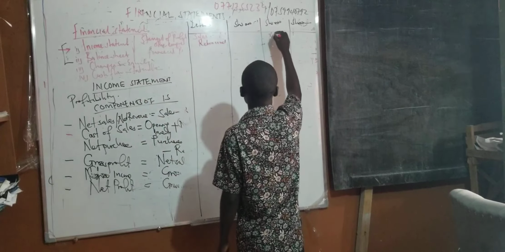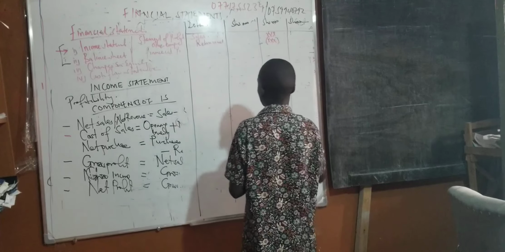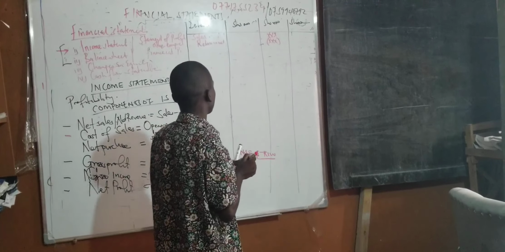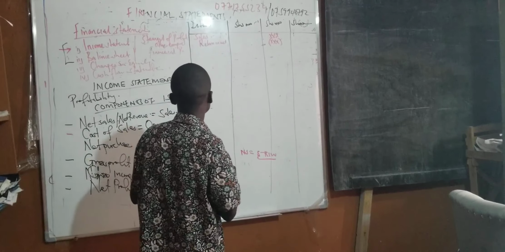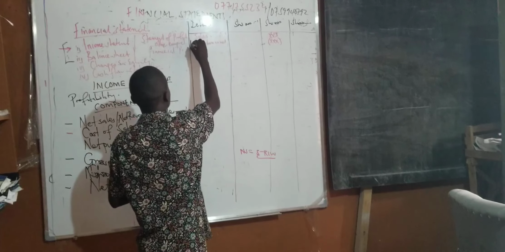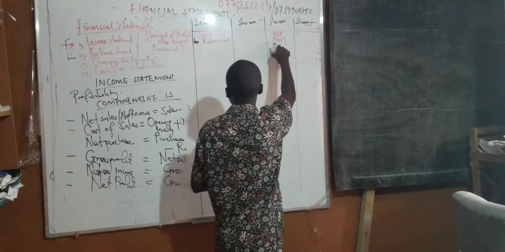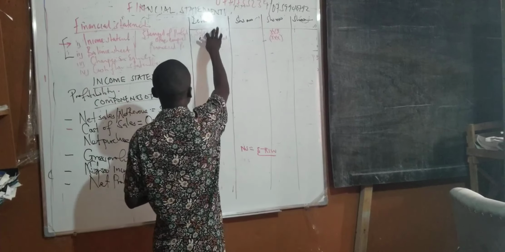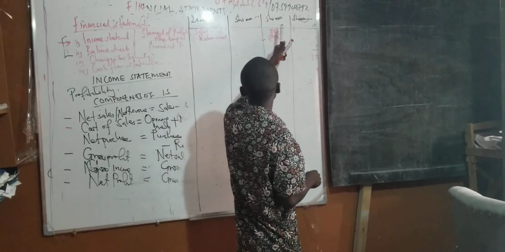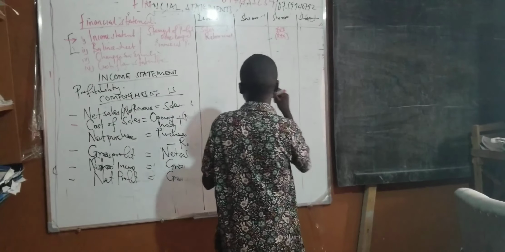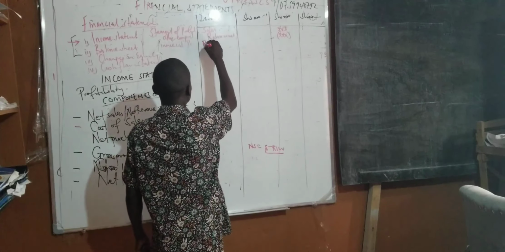I have to put it in brackets to show that I'm lessing. If I say sales less return inwards, there is no need of putting a bracket. But if I put sales then returns, that's why I'm putting a bracket. So sales minus return inwards, you end up getting the net sales.